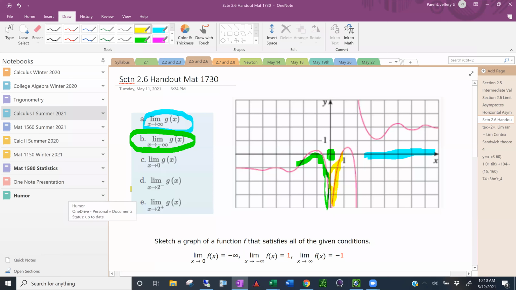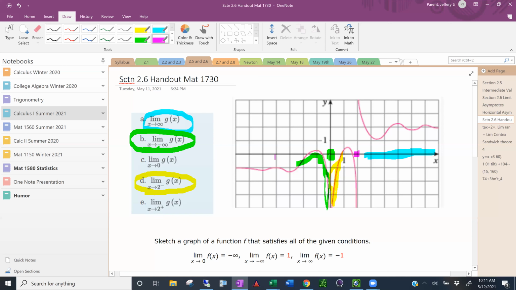Let's try some more. The limit as x approaches 2 from the left. Okay, so let me put a little spot on x equal 2. That's right here on our graph. If you approach x equal 2 from the left, where's the limit going? Positive infinity. You've got to be careful.